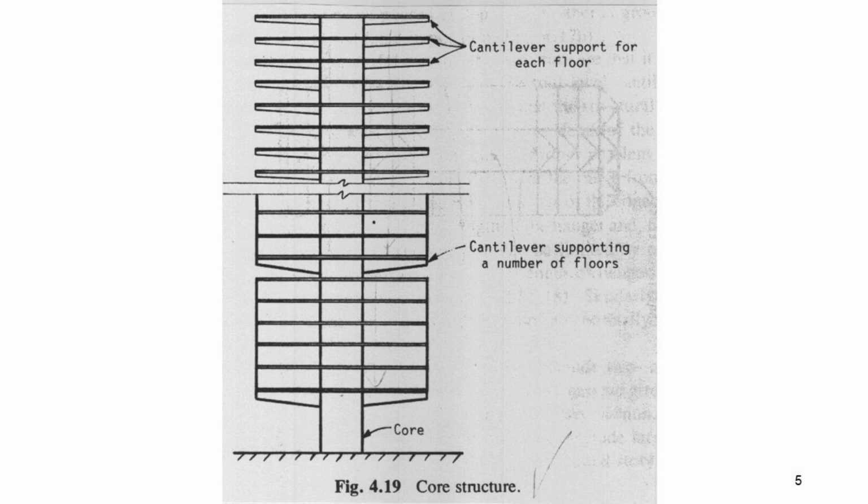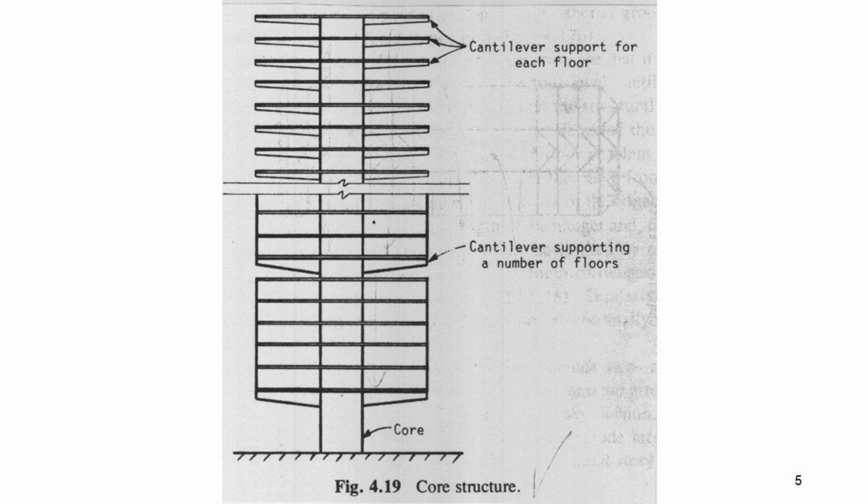Okay, now, let's learn about core structure. In this type of structure, a single core carries all gravity and lateral load. Meanwhile, for this type of core structure, slabs are cantilevered from the core. The core provides column-free perimeter at ground level, however, it is structurally inefficient in resisting lateral load.